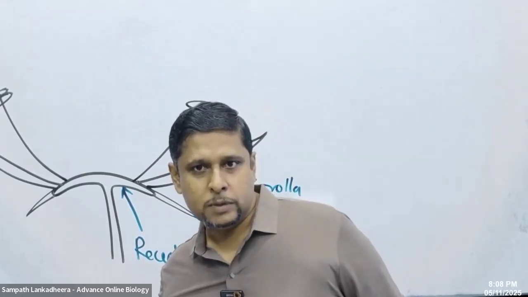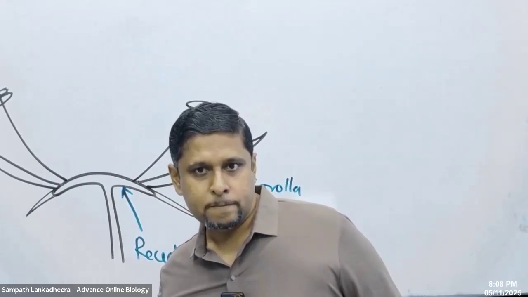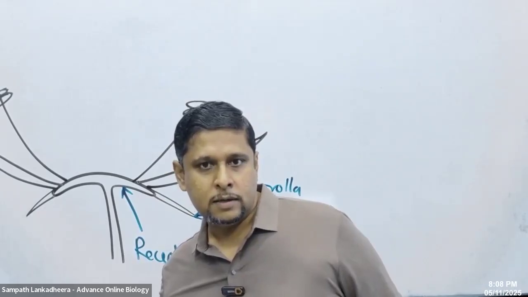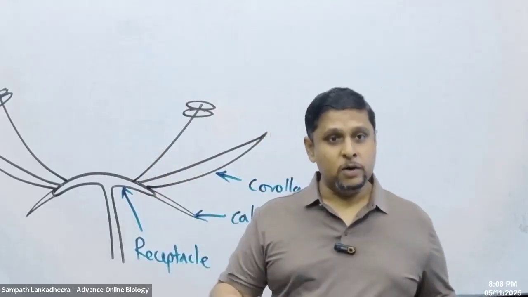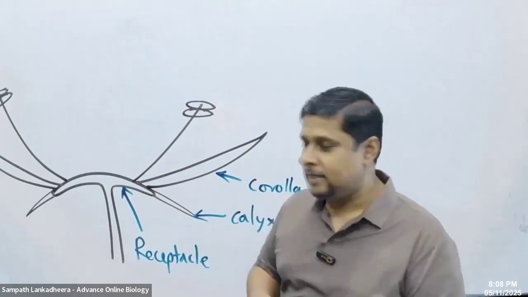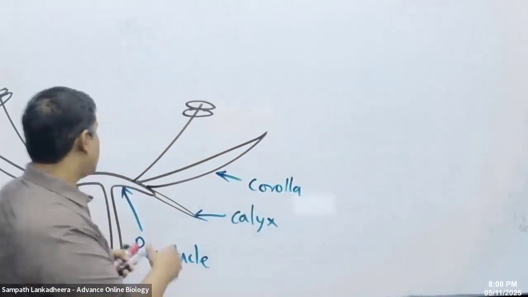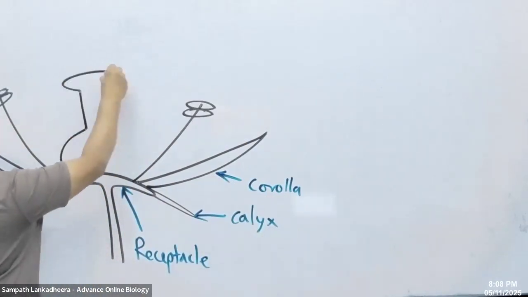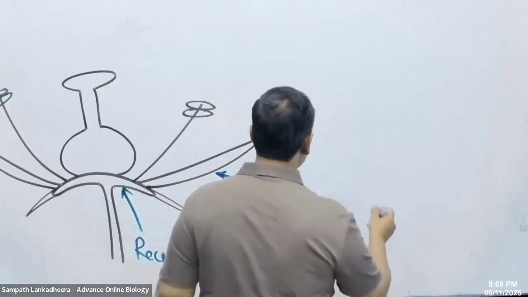Androecium, very good. Stamen or androecium. What's the difference between the stamen and the androecium? One is a stamen. Everything together we can call the androecium. And this one is the gynoecium.